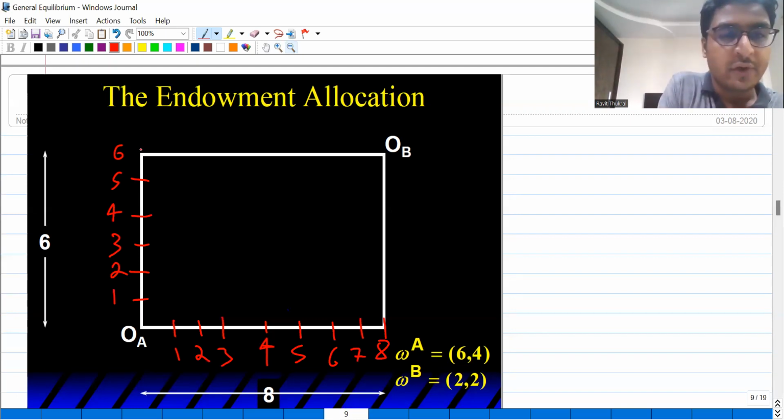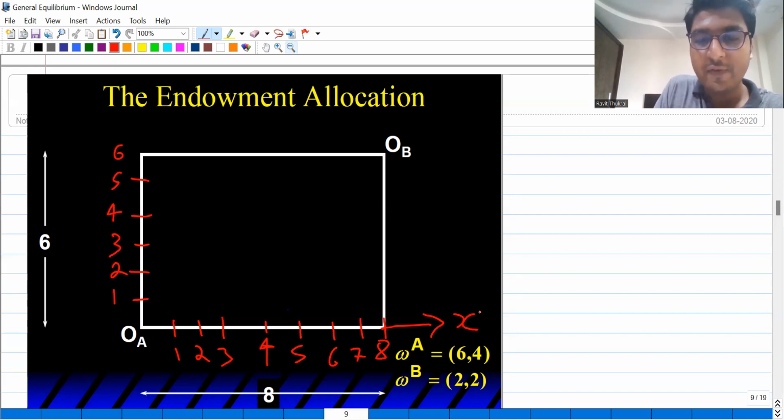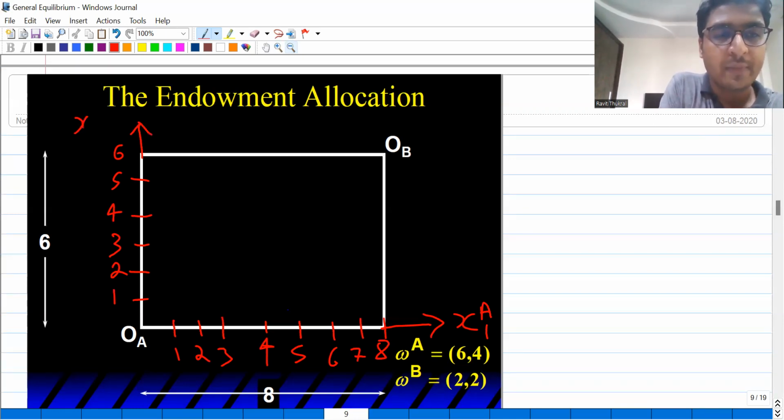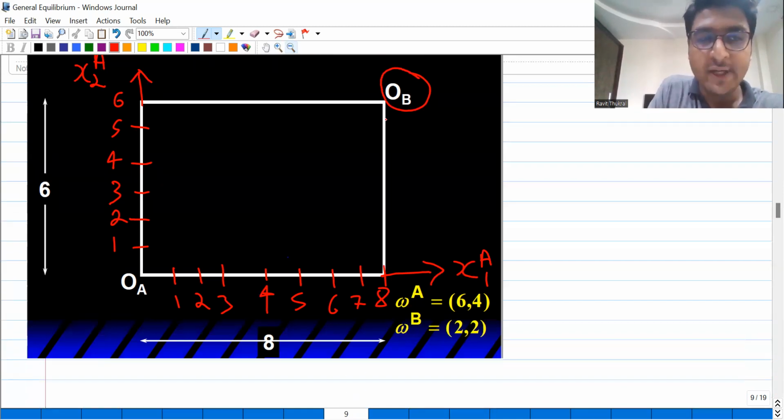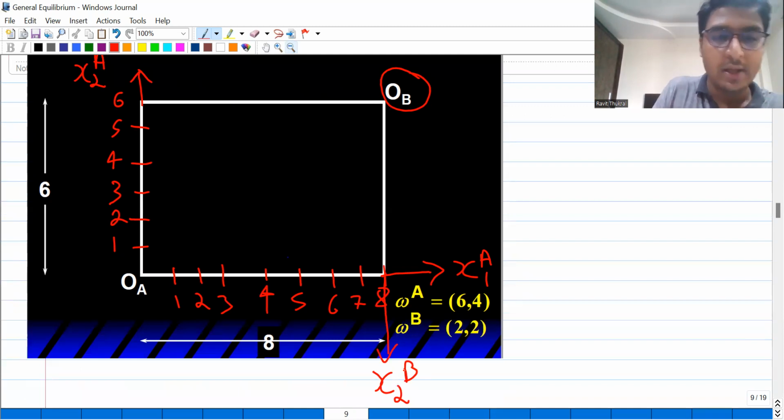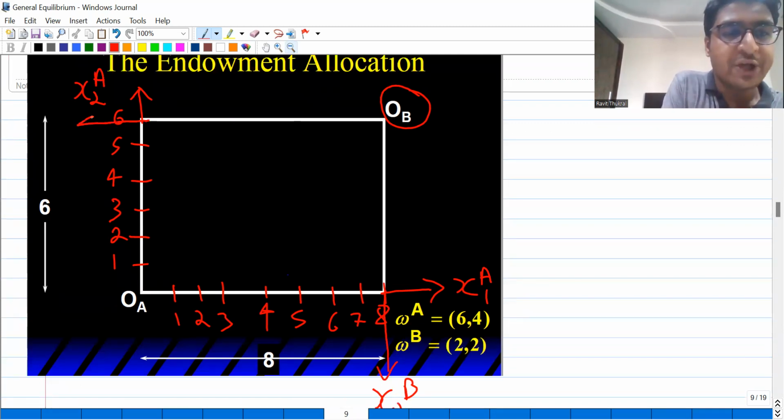So in this direction, we have X1A. In this direction, we have X2A. Okay. Similarly, origin of B है यहाँ पर. So downward direction में we have X2B, and in the left direction we have X1B.